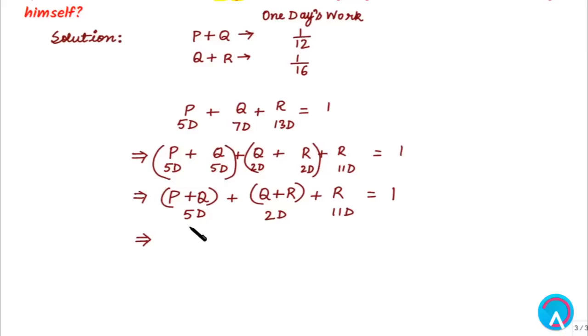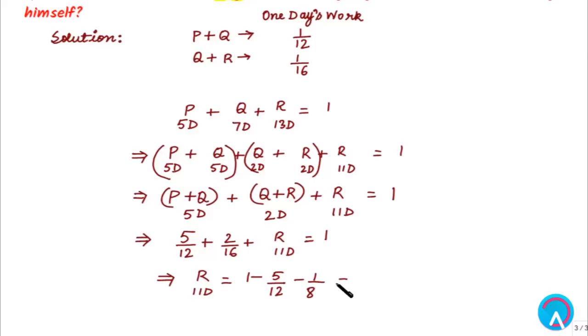So 5 days work will be 5 by 12 plus Q and R's 2 day work will be 2 by 16 plus R's 11 day work is equal to 1. From here we can easily calculate that R's 11 day work will be 1 minus 5 by 12 minus 1 by 8.